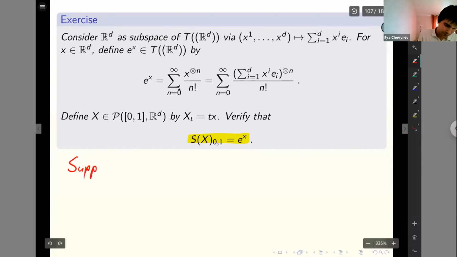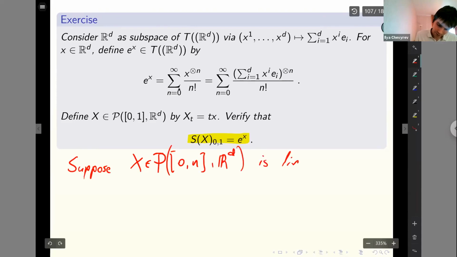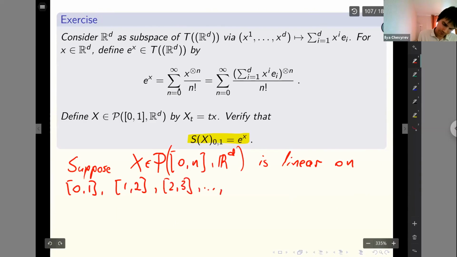A consequence of this is that suppose x is a path indexed by 0 to n, where n is some positive integer, into R^d, that is linear on a bunch of subintervals. So it's linear on, say, the intervals [0,1], [1,2], [2,3], and so on and so forth, up to [n-1,n].